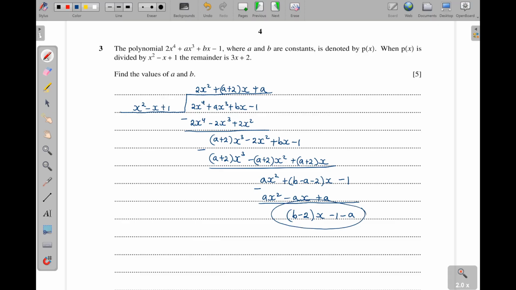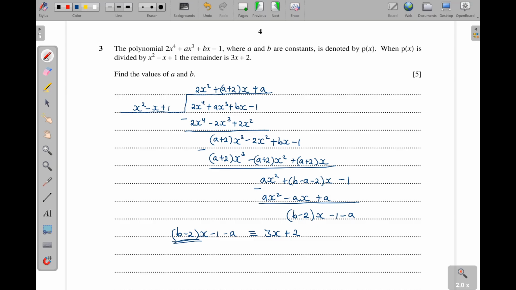So this is our remainder. Now this remainder of ours here is this one here. So we shall say b minus 2 of x minus 1 minus a is the same as 3 of x plus 2. Then we equate, okay?